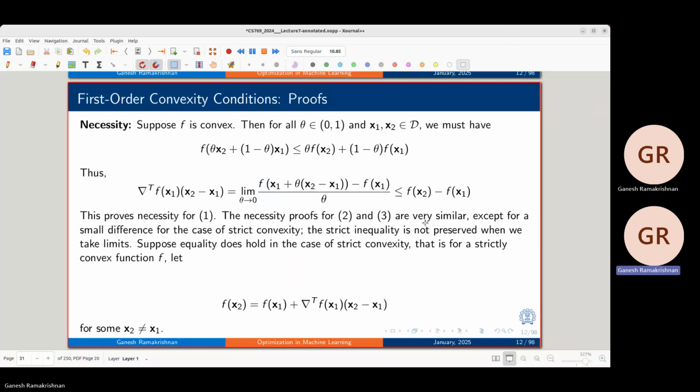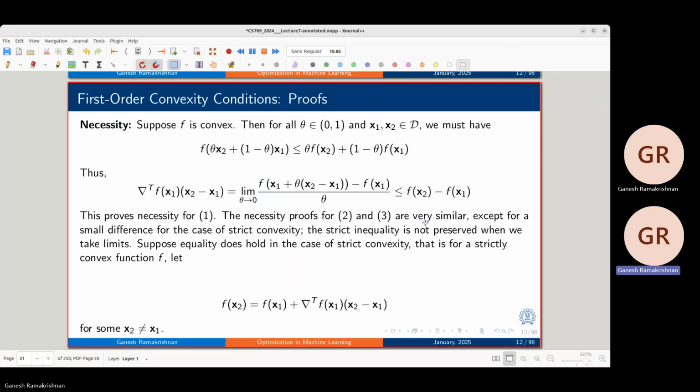If this is not convincing, I'll suggest doing the following. I put a limit as theta tends to 0. This part, f of x2 minus f of x1, multiply that by theta, because theta is the denominator.